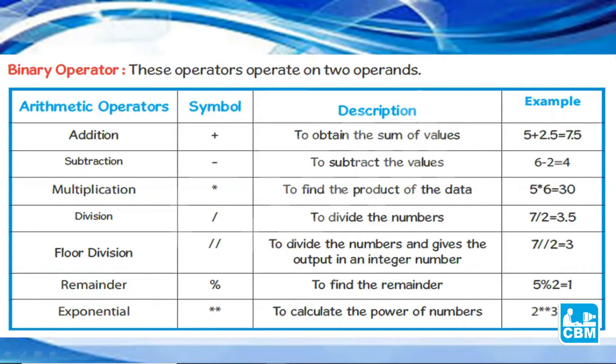Multiplication and division are used to find the product and divide the numbers respectively. The floor division operator is used to divide the numbers and give the output as an integer. Remainder can be used to find the remainder of a division operation. Exponential is used to calculate the power of the numbers.